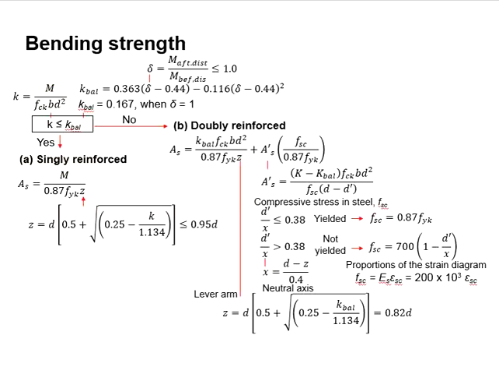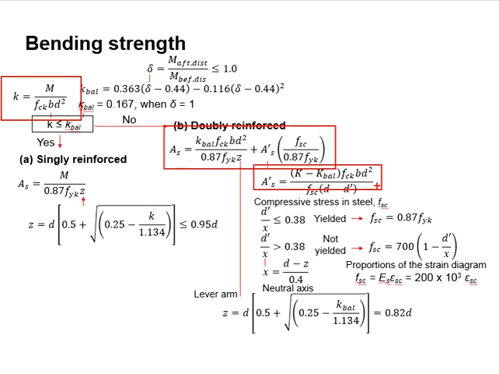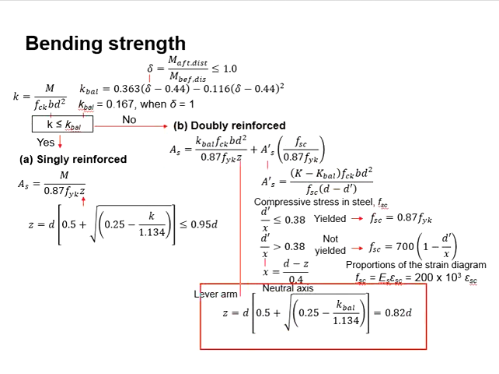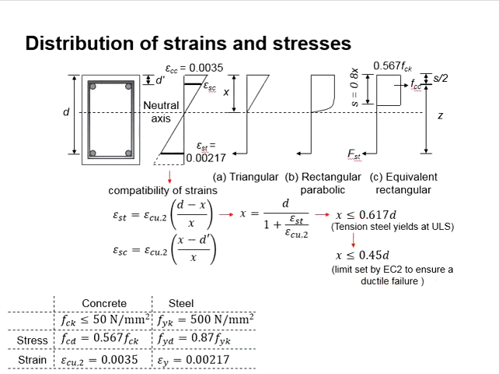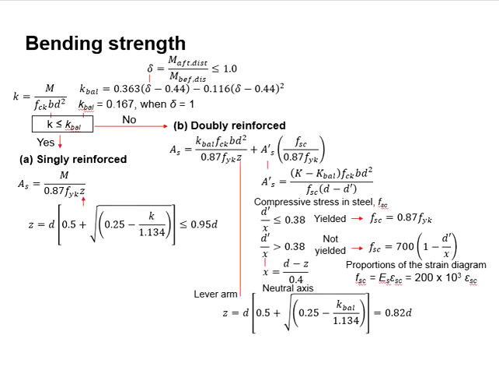As for the doubly reinforced beam, it involves K, As, and As prime, and also Z. You might be wondering, where is this x less than 0.45d incorporated? First, it is incorporated in the checking of the K versus the K balance.